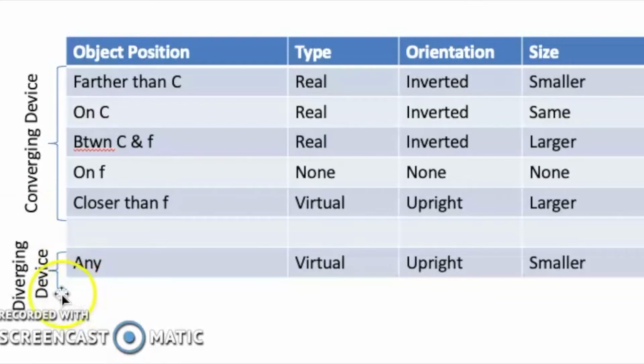But keep in mind that any diverging device, so that's a convex mirror or a concave lens, always makes the same type of image. No matter where you put an object in front of it, it always makes a virtual, upright, smaller image. These devices then are good for increasing the field of view.